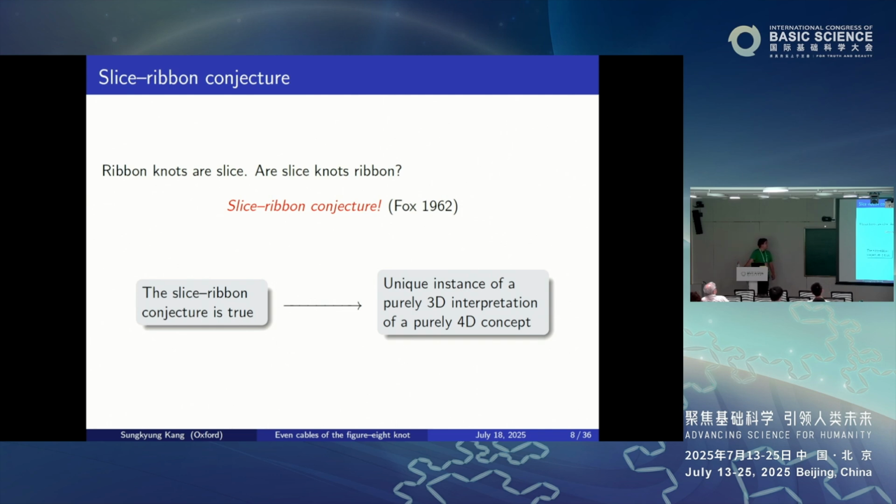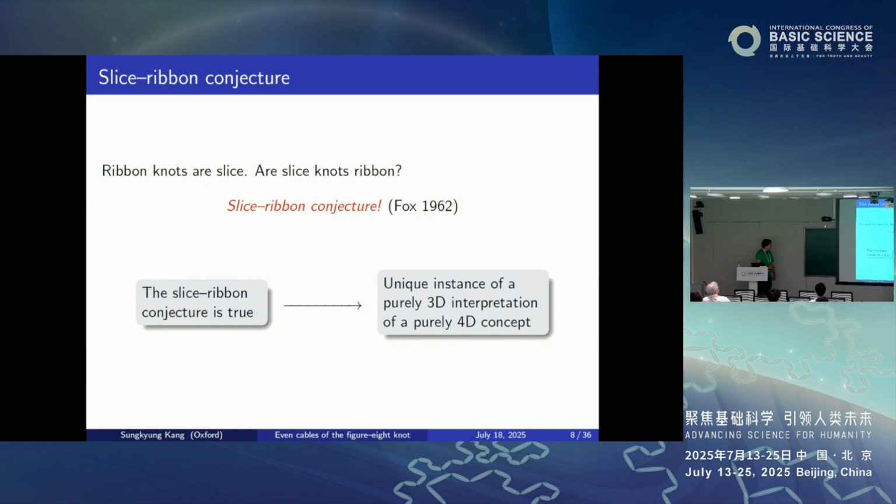Then you can ask the reverse direction. If you have a slice knot, so you already know that your knot bounds a slice disk, which might contain a lot of deaths, can we always find another disk which has no deaths? To abbreviate, we're asking, are slice knots always ribbon? This is the slice-ribbon conjecture, asked by Ralph Fox in 1962.